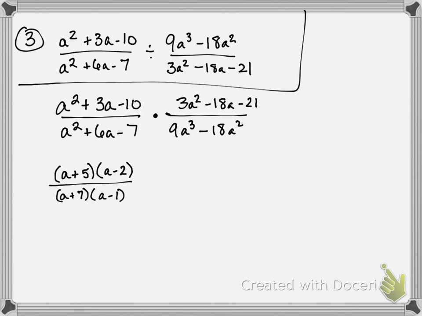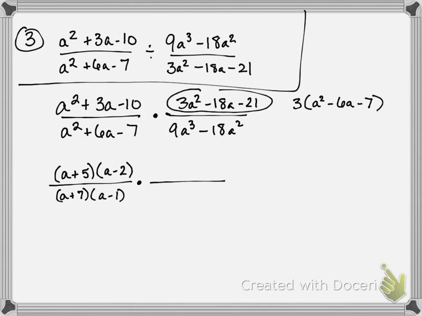Okay, all this is, again, multiplied by this other piece. So we're moving on to this third piece right here. I noticed that you can factor out a 3. So up here, I'm just going to rewrite this, give myself a little bit of room. What is that? a squared, minus 18 divided by 3 is 6a, minus 21 divided by 3 is 7.